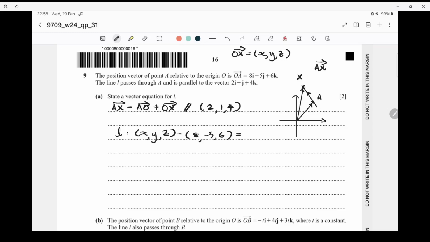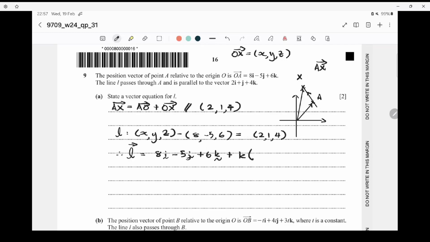And this is equal to some constant k multiplied with 2, 1, 4, which is the vector that is parallel to line L by itself. So then your vector equation for L would be 8i minus 5j plus 6k plus some constant k.